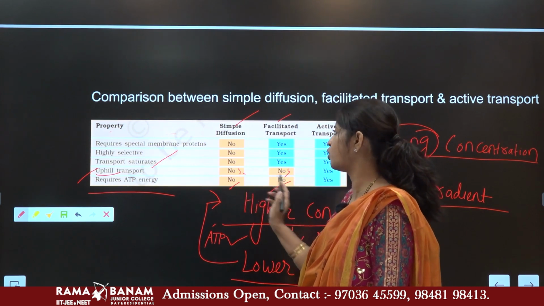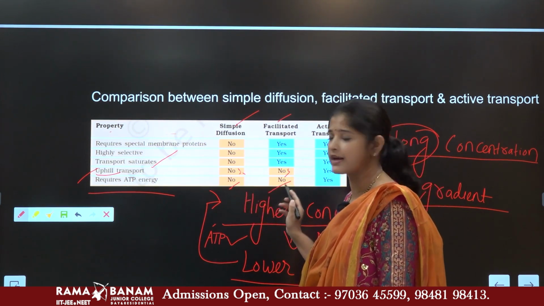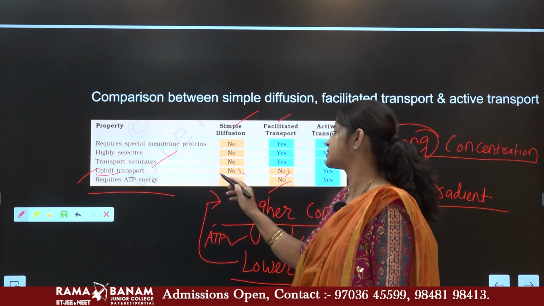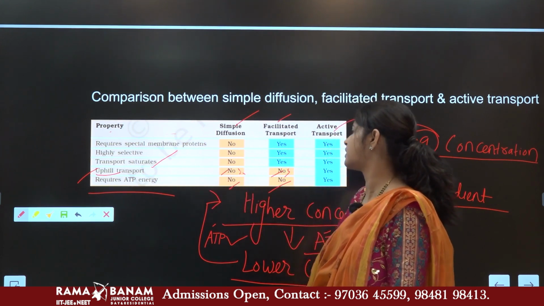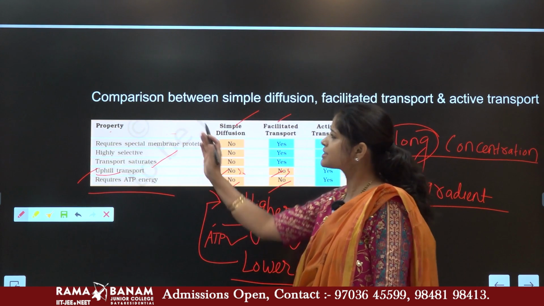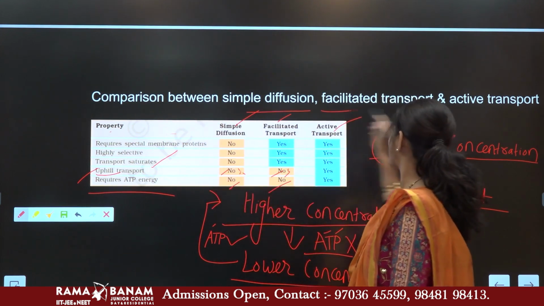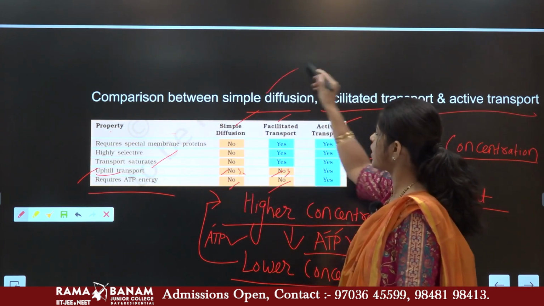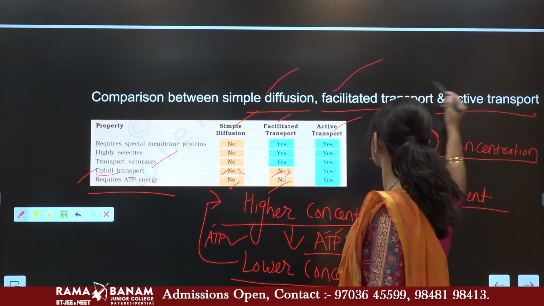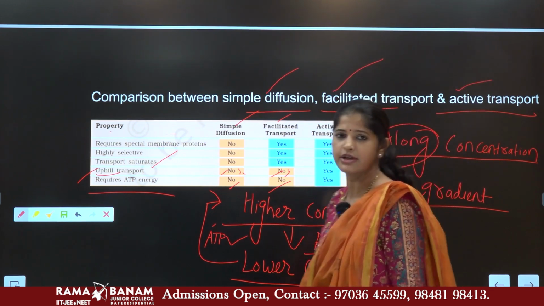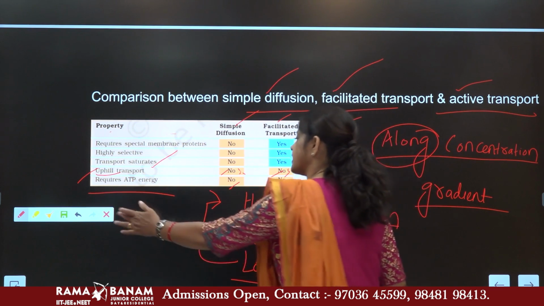So, no for simple diffusion and no for the facilitated. So, this is the comparison between the simple, facilitated, active. Along the concentration gradient and against the concentration gradient. Now, we will see the next one.